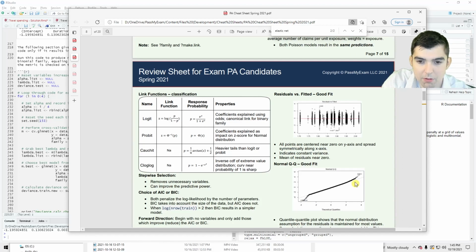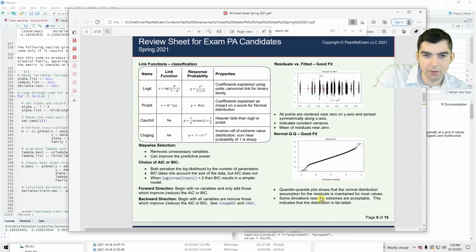The deviance residual is based on the log likelihood of the distribution, which is why deviance residuals should always be normally distributed. The only exception is when you have a binomial outcome, because you only have two possible values.